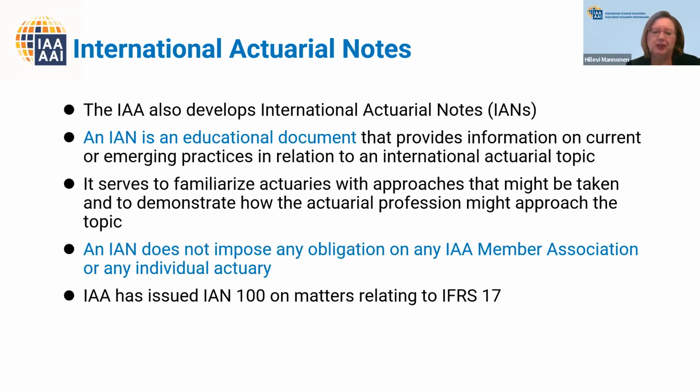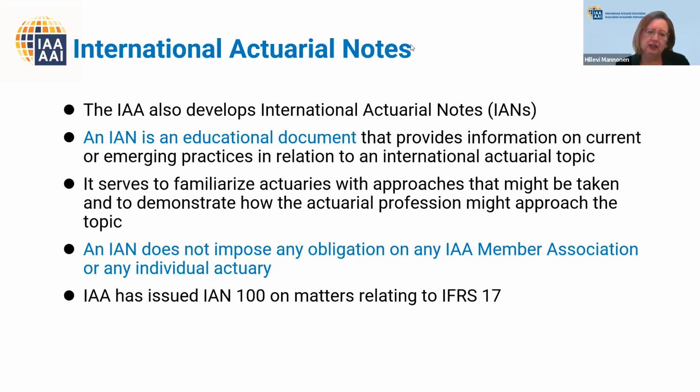On the third bullet point, you see, if you read it, I want to emphasize the word might. That is very important concerning IANs. They are not saying what is the best practice or what you should do. They introduce different approaches to those matters.